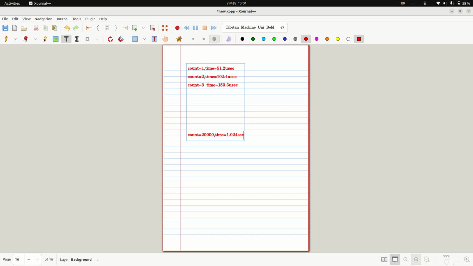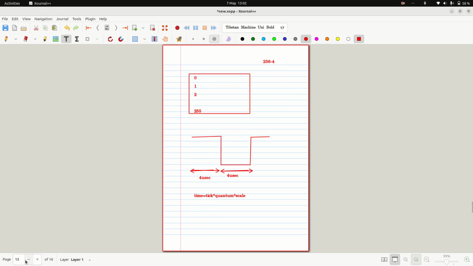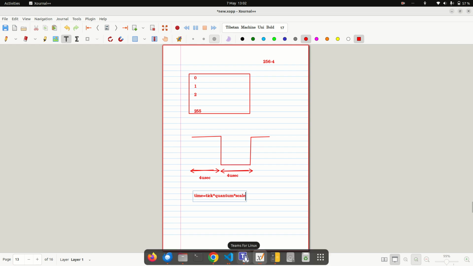So how did you get the value? You continuously tried count value: count equals to 1, count equals to 2, count equals to 3. Instead of this trial and error method, we can use some formula. In the previous, I have given the time formula: time equals to tick into quantum into scale into count.